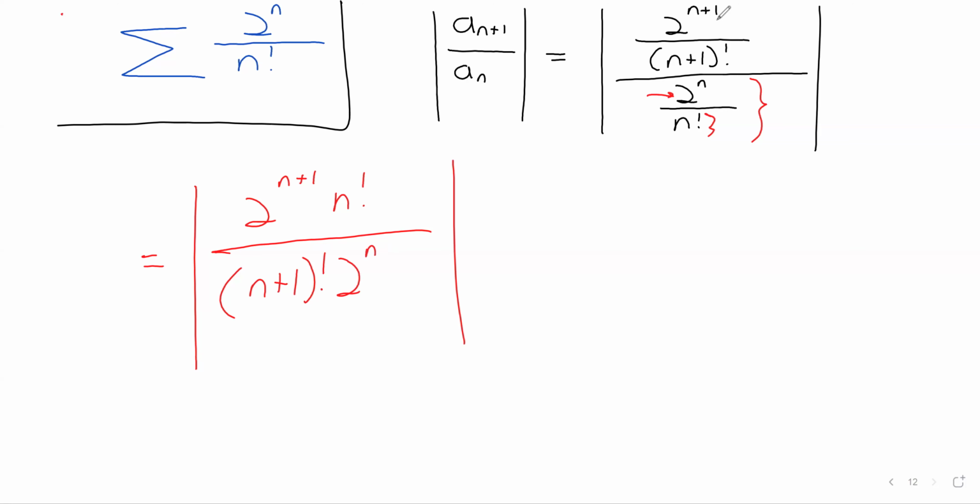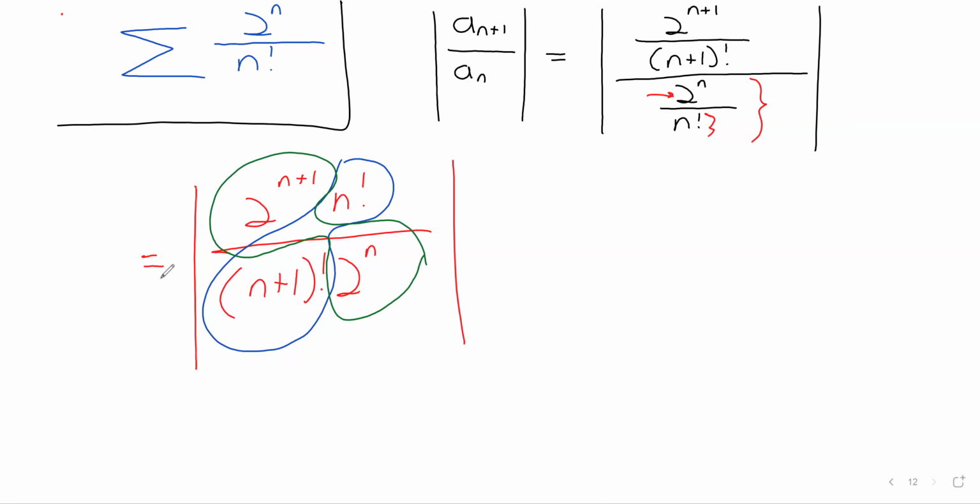That is, we have these n factorials, and the n factorials are going to cancel. And we have those 2 to the n's, and those 2 to the n's are going to cancel.